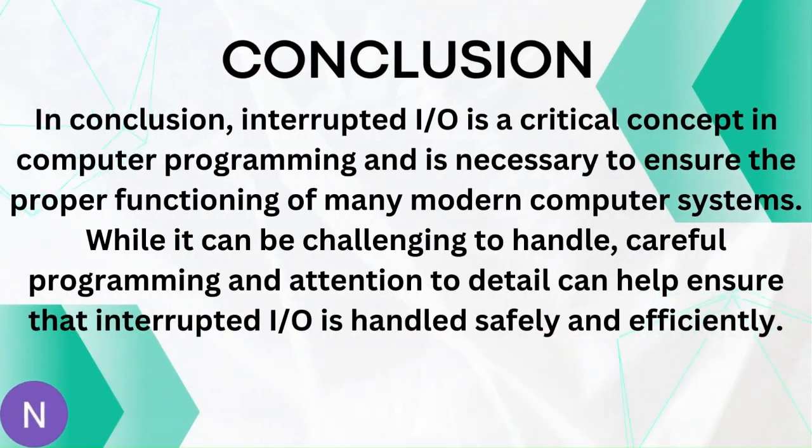In conclusion, interrupted input-output is a critical concept in computer programming and is necessary to ensure the proper functioning of many modern computer systems. While it can be challenging to handle, careful programming and attention to detail can help ensure that interrupted input-output is handled safely and efficiently.